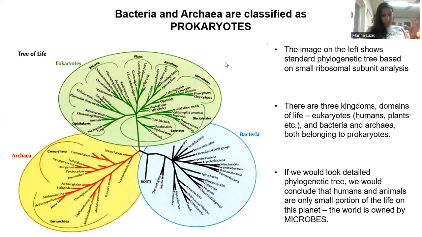But my point here, what I'm trying to show you with this picture, is that even though we know there are 3 domains of life, bacteria and archaea belong to prokaryotes. Eukaryotes are a separate lineage, and if you look in detail, eukaryotes, or humans and animals, are only one small portion of this phylogenetic tree, of this life. So basically, the world is dominated by microbes, is what I'm trying to say here.